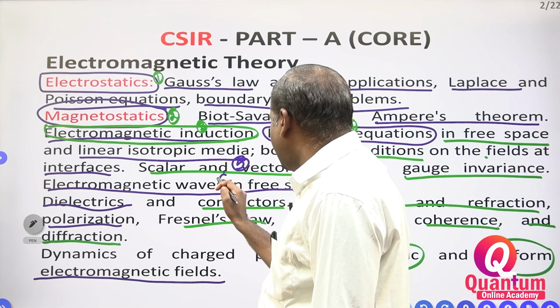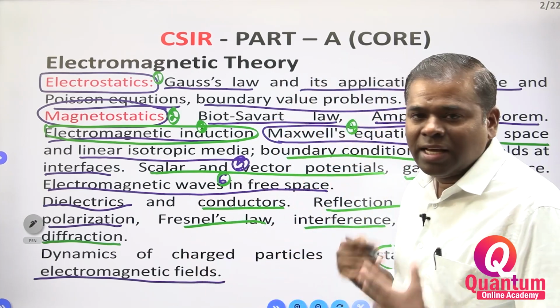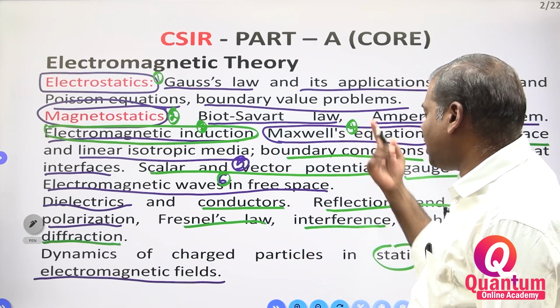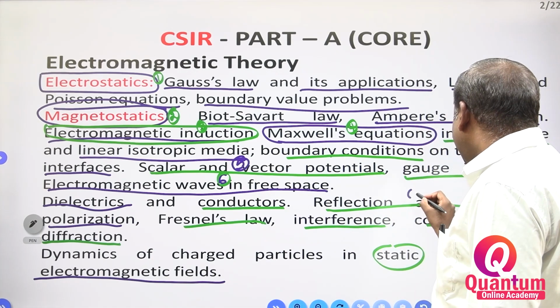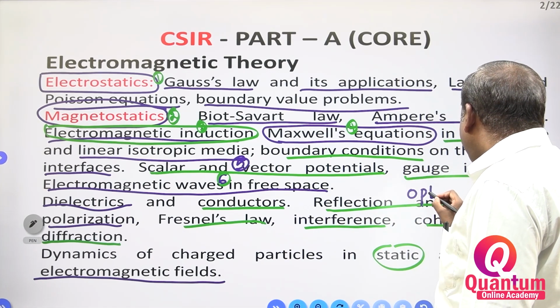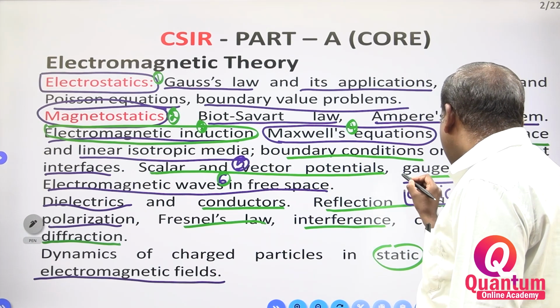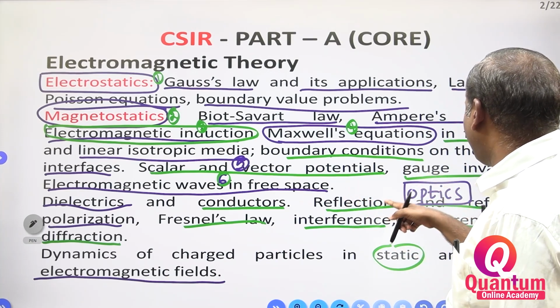Electromagnetic waves for different cases are there: free space, dielectrics, conductors; plasma is in the advanced part. Reflection and refraction, this entire thing is optics. Optics we included here, whatever the degree, graduation syllabus is there.